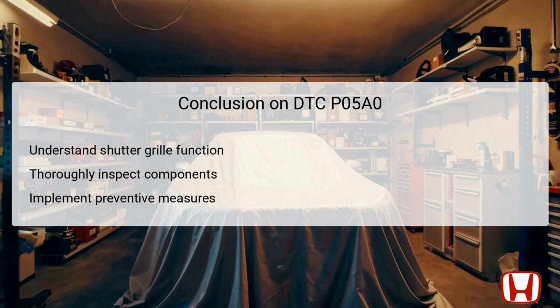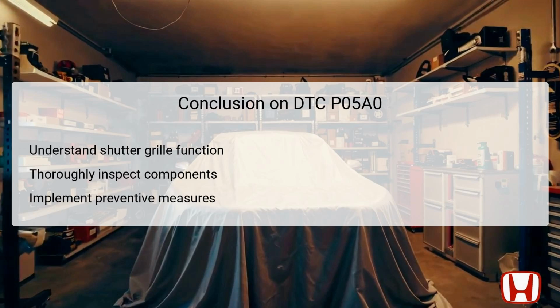In conclusion, understanding the function of the shutter grille assembly is vital for effectively addressing DTC P05A0. The assembly plays a crucial role in maintaining engine cooling and optimizing fuel efficiency through controlled airflow. By thoroughly inspecting both the mechanical and electrical aspects of the grille, technicians can accurately pinpoint malfunctions and implement the necessary repairs.